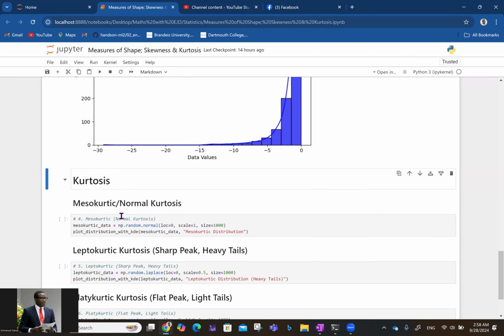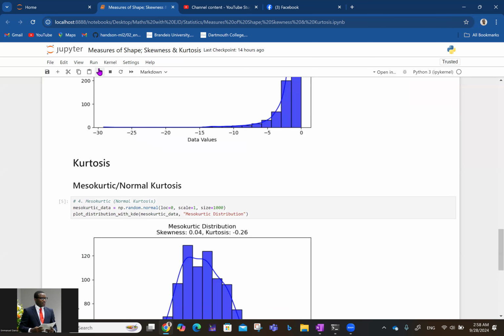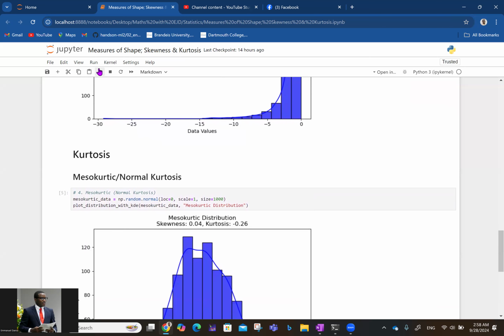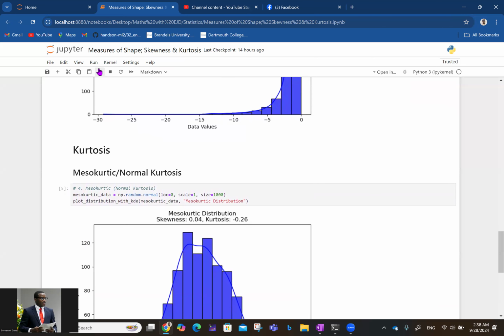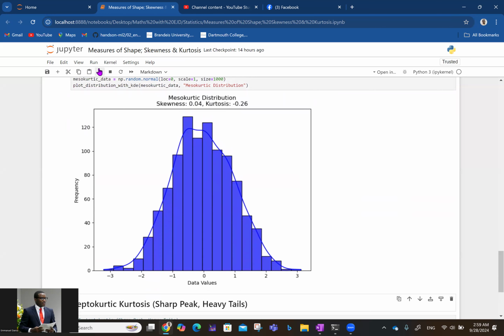And then we go to kurtosis, where we talked about the tailedness. Here we have a mesokurtic distribution, which is like the normal situation.